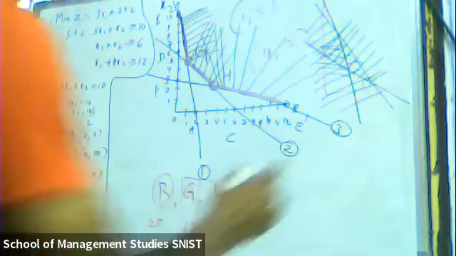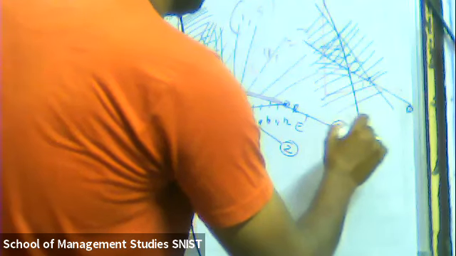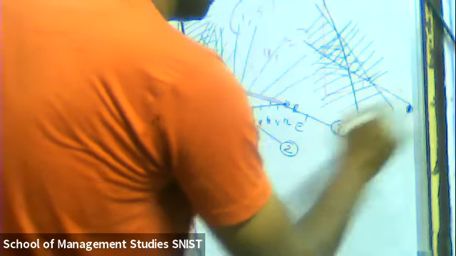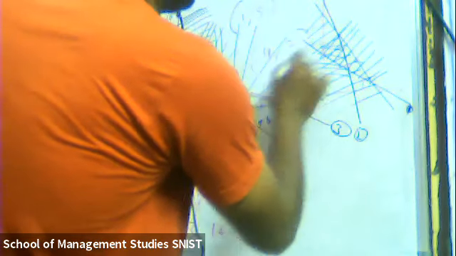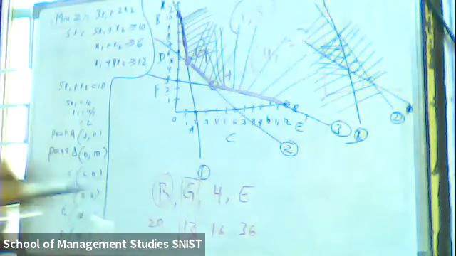This is the first one, and this is the second one, and this is the third one. Which area do I need to take?